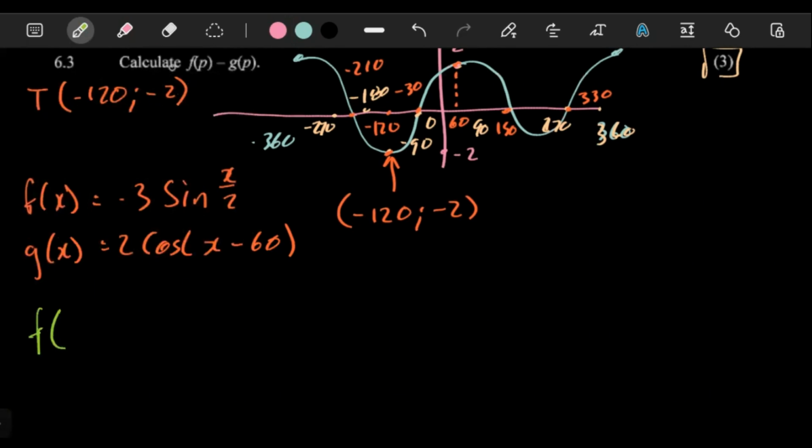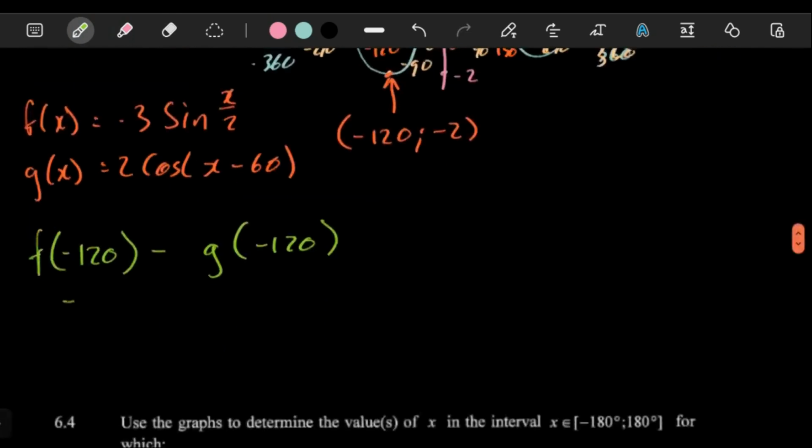So let's work out what f of -120 is, get an answer, and then also work out g of -120. Let's just do it simultaneously, do it together. So for f, we're going to have -3 sine of -120 over 2.